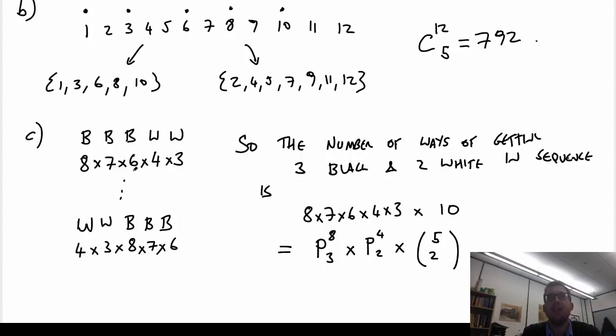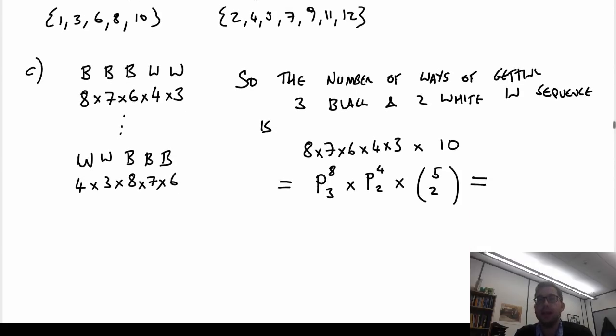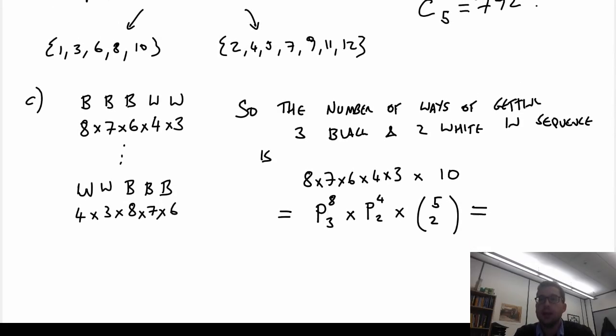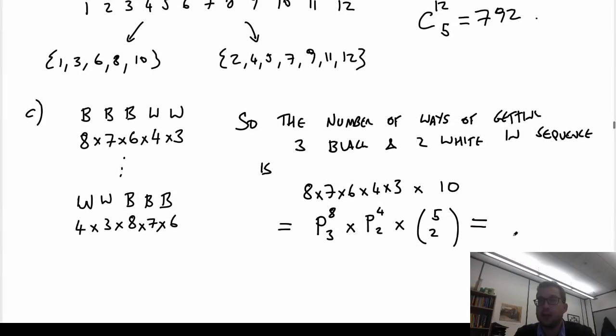So I've got 3 things in order taken from a bag of size 8, followed by 2 things in order from a bag of size 4, and then I can jumble them up any way I like, and the number of ways of jumbling them up is 5 choose 2, because of the answer I gave earlier. So the total I get here is 40,320.